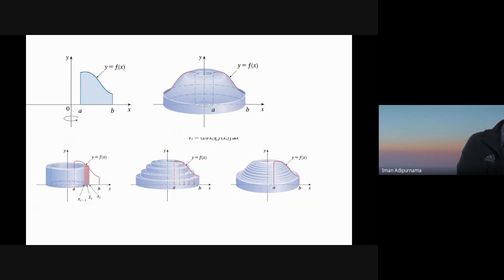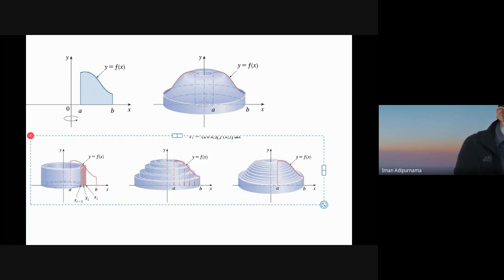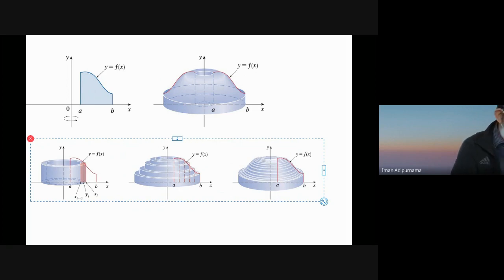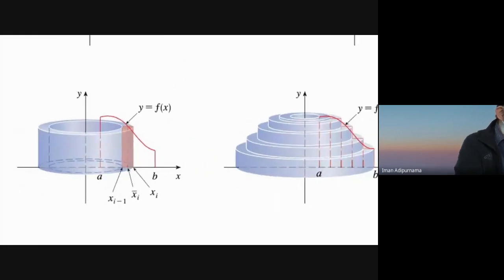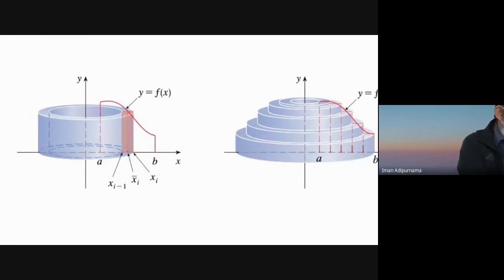So we can take the picture here, and let me put this around. So this is this shell method. This is the geometric samples. We take the sample x here as our delta.